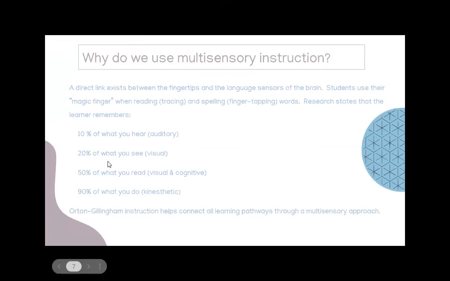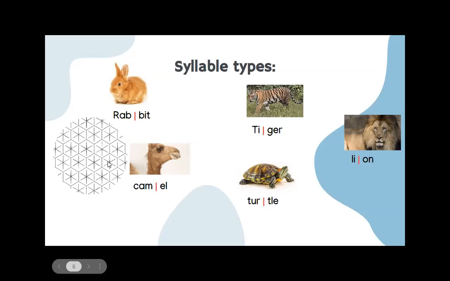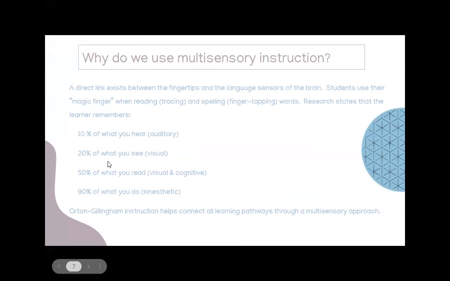So what I do want to go back and focus on is why we use multi-sensory instruction in the first place. One of the things that's most powerful in learning language is that the language sensors in the brain have a direct link to our fingertips. So anytime we can create a tactile multi-sensory experience for students, that's going to help to embed that meaning right into our brains.